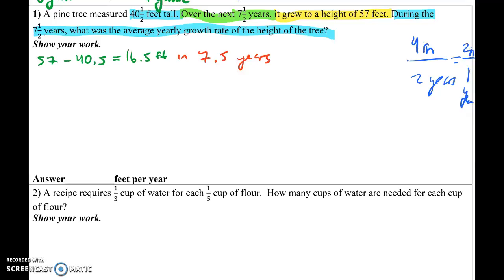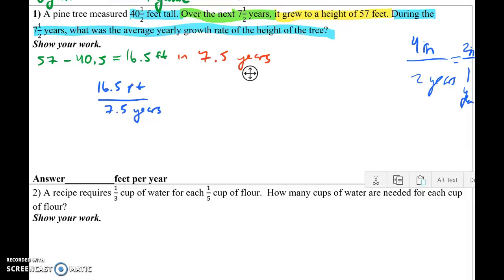All right, so let's write this as a ratio. So we have 16.5 feet in 7.5 years. All right.